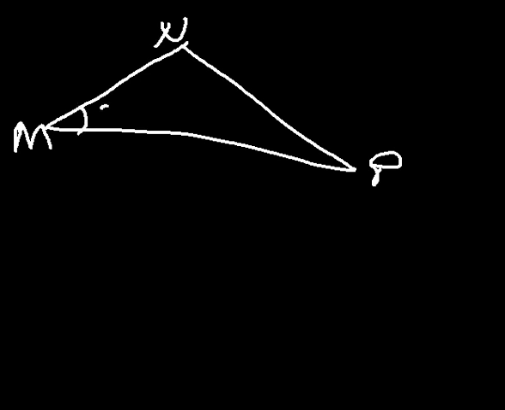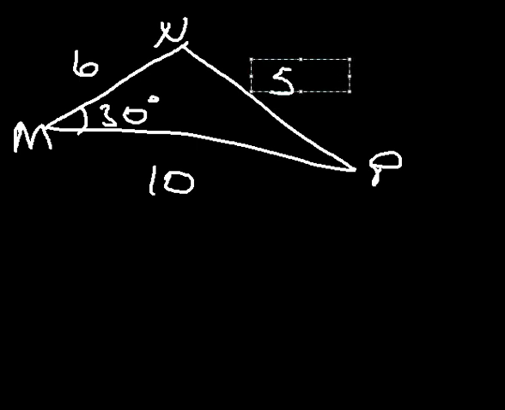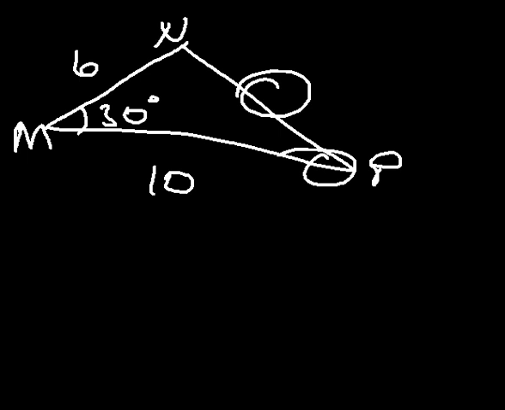Let's say this angle is 30 degrees, and the sides are given as 5, 10, and 6. Now find the value of the side NP and also the value of the other angles in that case. And also think about this one as well.